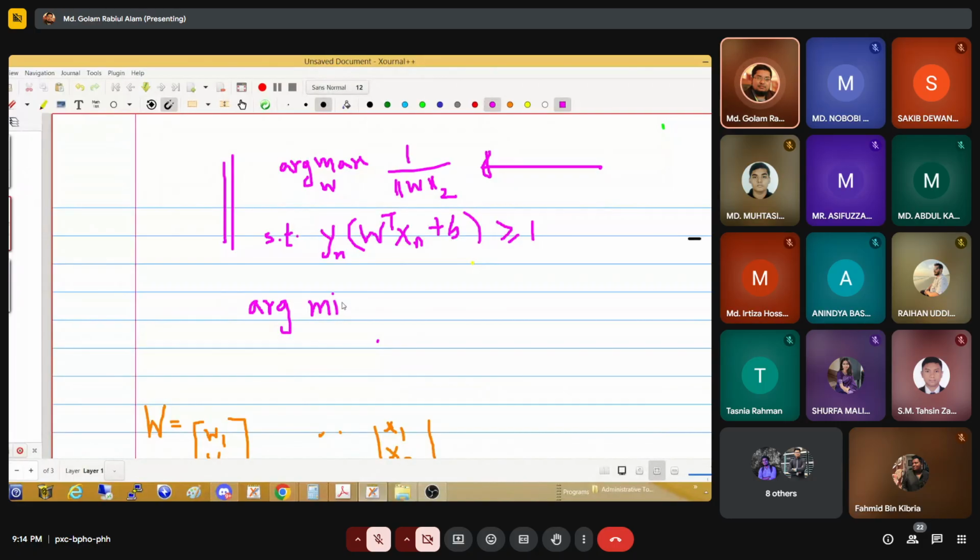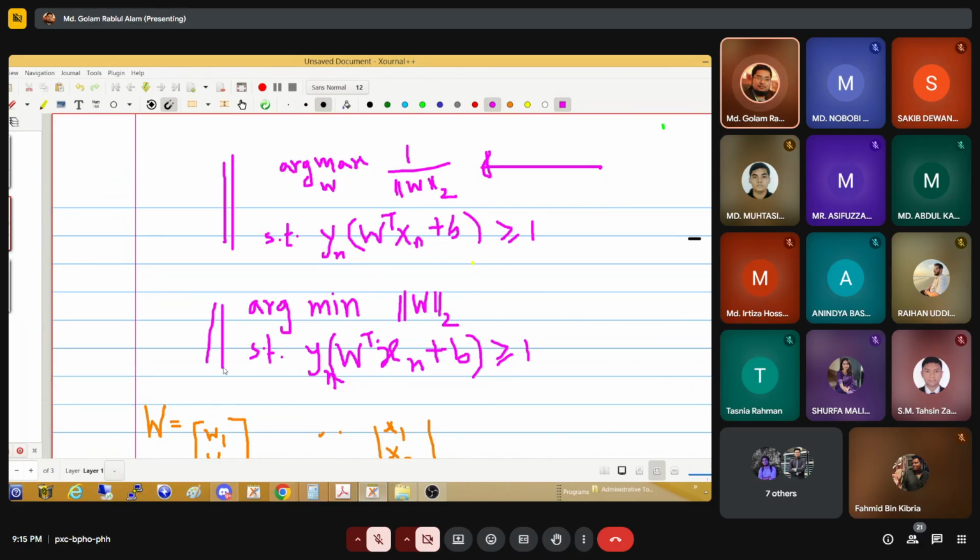We can consider argmin of W of the Euclidean norm of W, and such that yn W transpose xn plus b must be greater than or equal to 1.